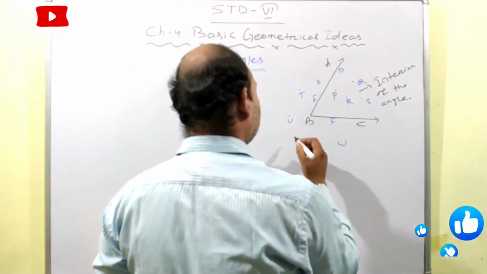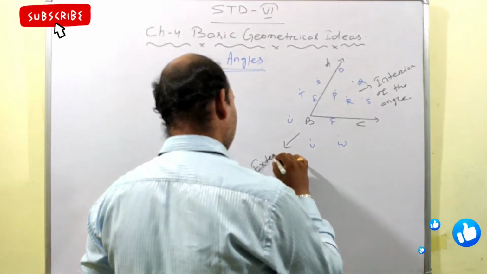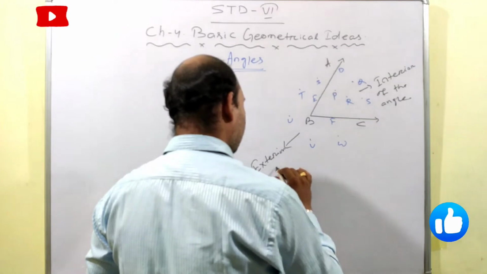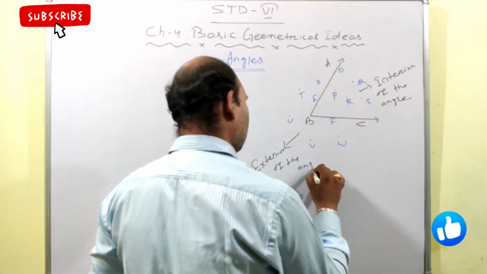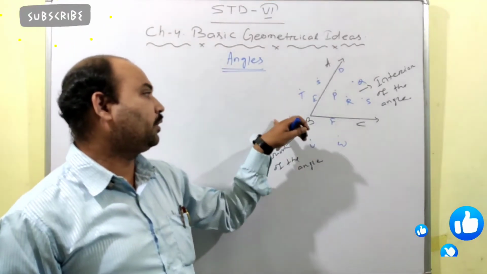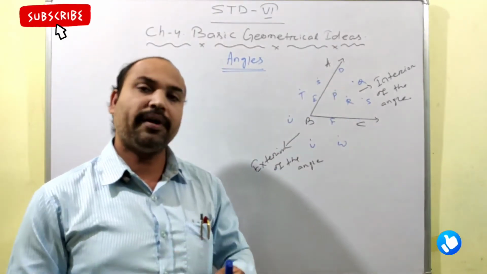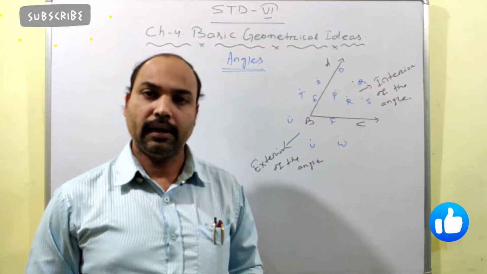This part is known as the exterior. This one is the exterior, meaning W, V, U, T, S. These points are on the exterior of the angle.